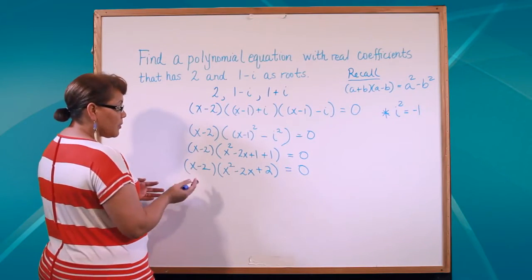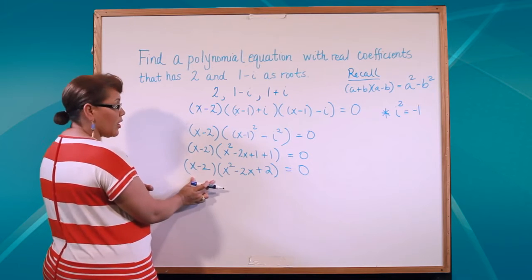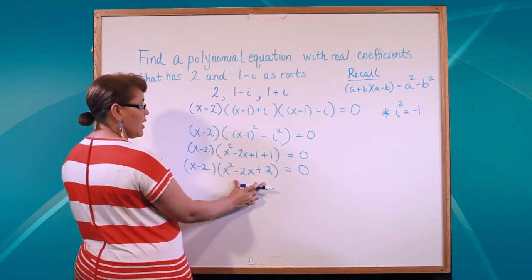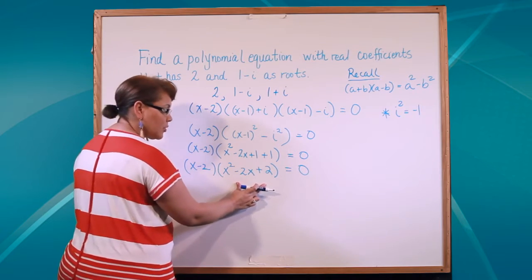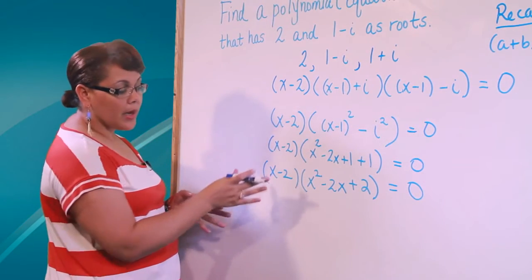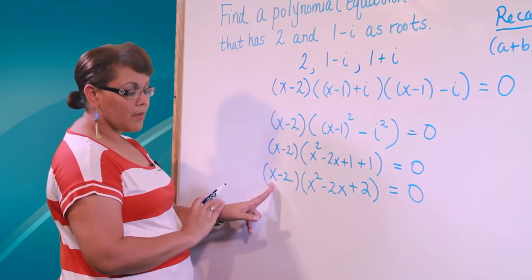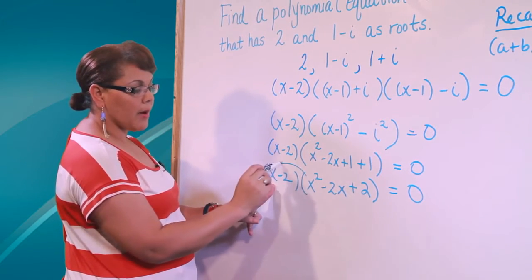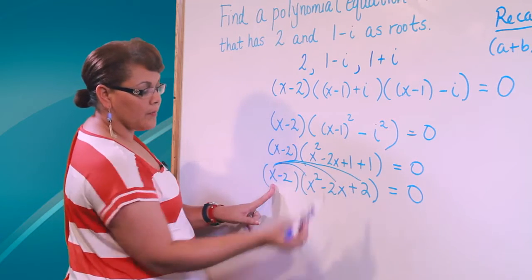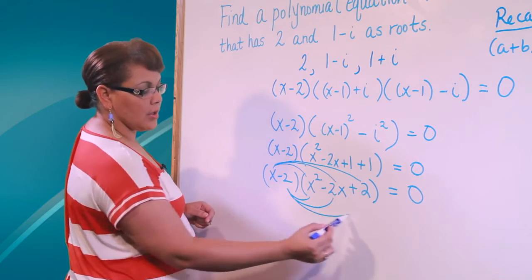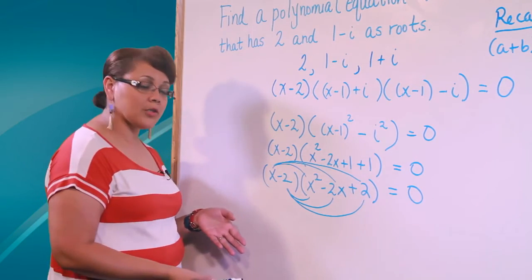And now I want to multiply the binomial that I have out front, that we've been bringing down patiently every step, times the trinomial x squared minus 2x plus 2. The best way to multiply a binomial times a trinomial is to take the first term in the binomial and multiply it by the terms in the trinomial, and then take the second term and multiply it by each of the terms, and then we'll combine like terms.